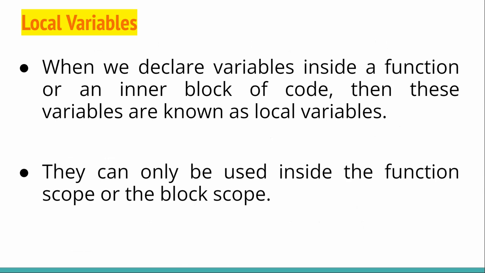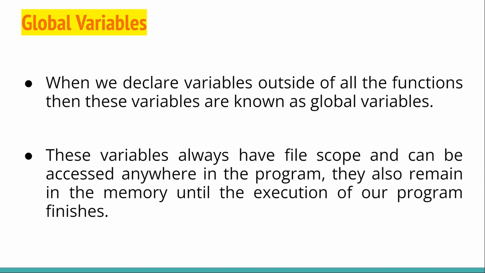And these are the definitions of local variable. So whenever we declare a variable inside a function or an inner block of code, then those variables are known as local variables. And second important point is they can be used only inside that function scope or that block scope. Coming to global variables, when we declare a variable outside of all the functions, then these variables are known as global variables.